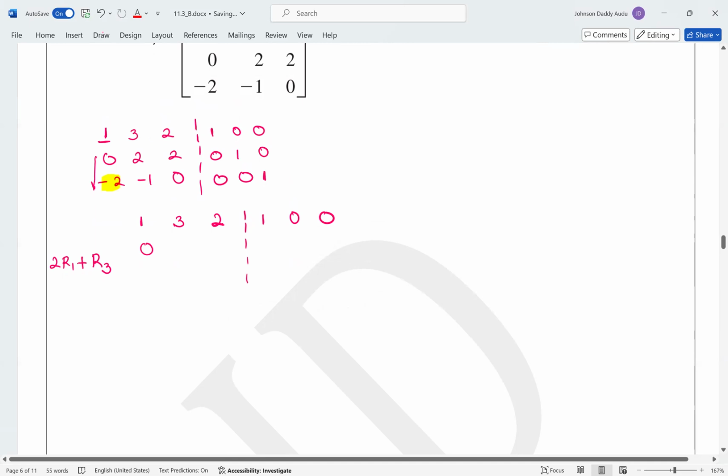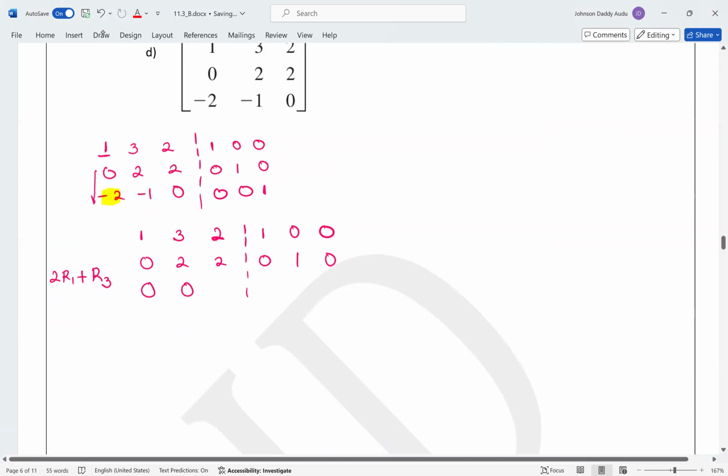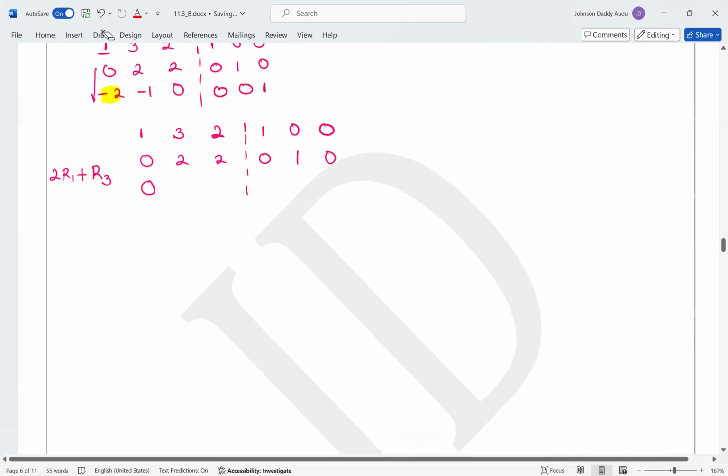And here is 0, 2, 2, 0, 1, 0. And here is 0, 0. No, this is not going to be 0, because you have minus 2.